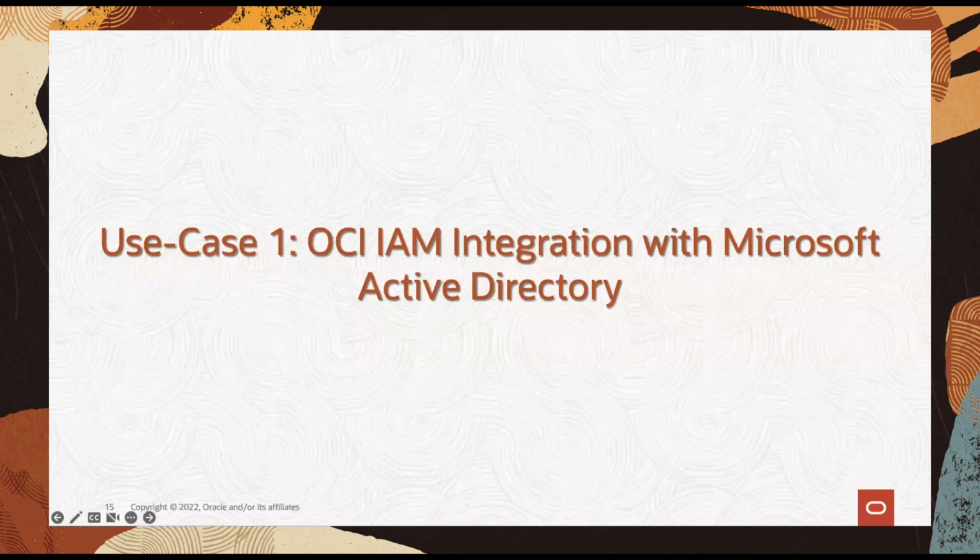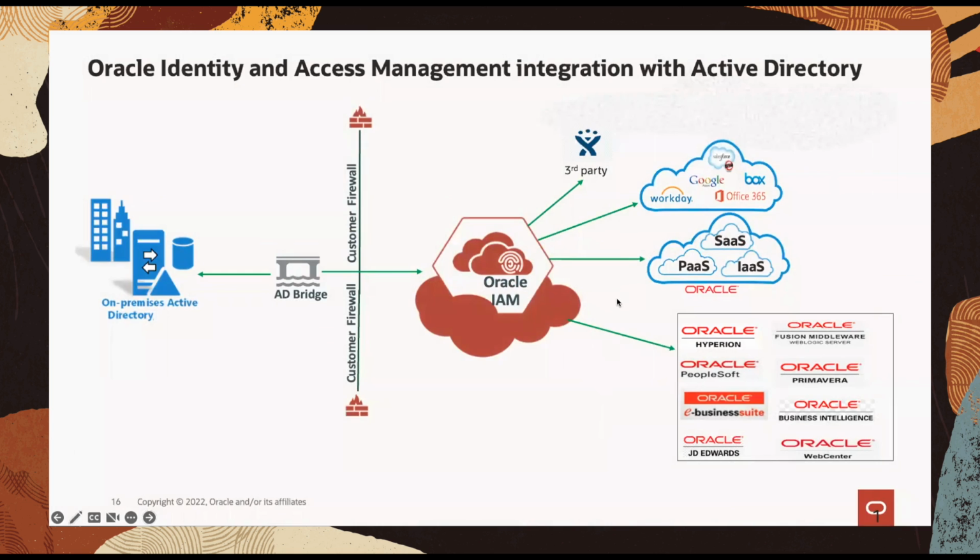Let's say the customer says, we are planning to onboard third-party applications, Oracle or non-Oracle applications, or on-premise applications to the Oracle Cloud. But our user repositories are present in Active Directory, and we want our users to be onboarded from Active Directory to IAM. So how can we do that?